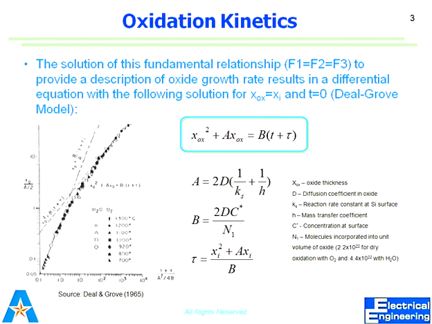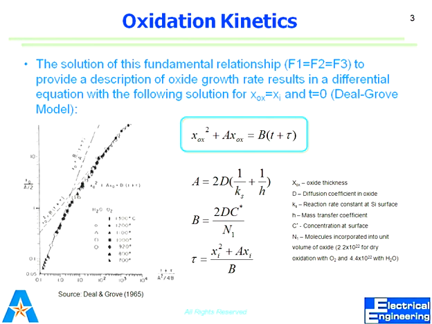This is called the parabolic growth. You can see it's a parabolic relation. This equation actually has a parabolic part as well as a linear part. For a very thick oxide layer, this relationship becomes parabolic, and for thin layers it would be linear.